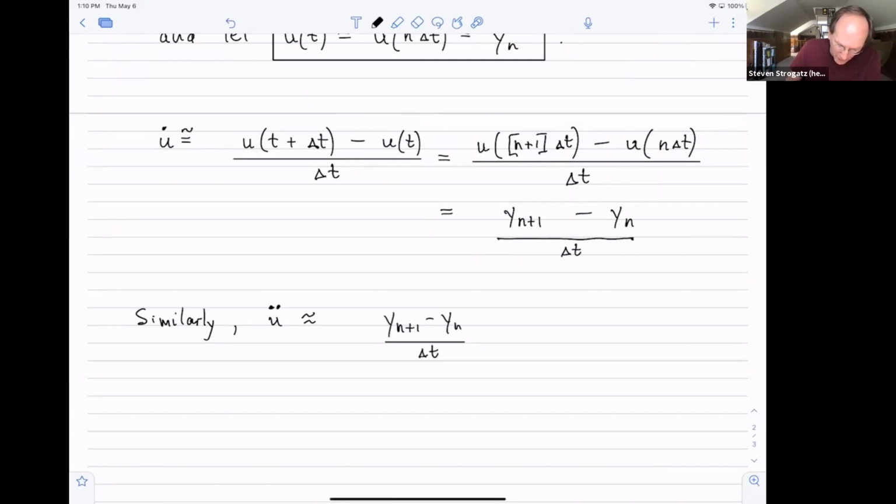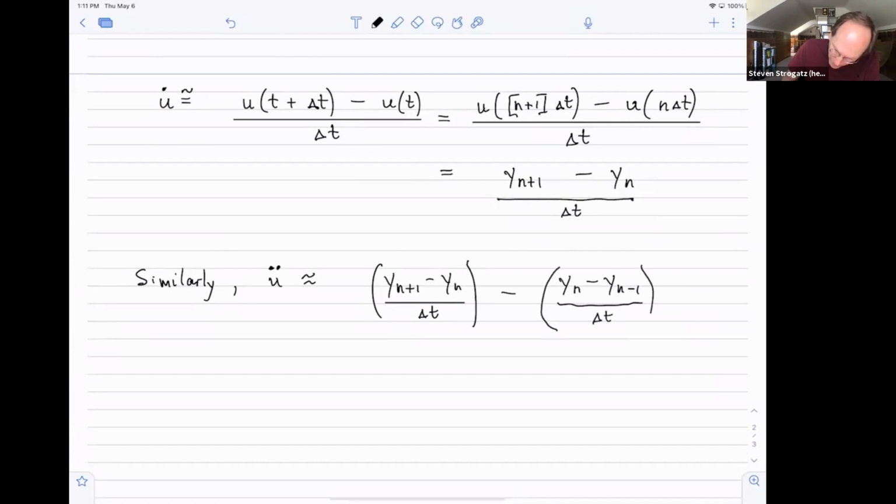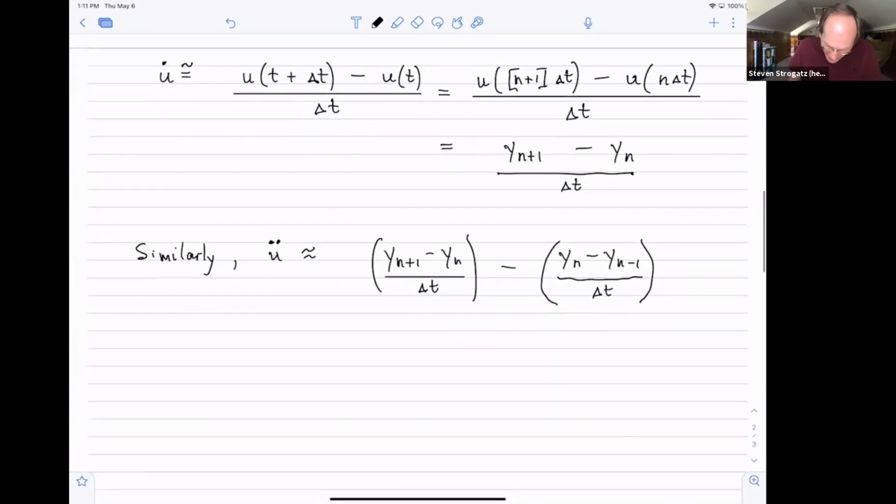That's a y dot, approximately at one time step, minus itself, well, minus the one at the previous time step, so yn minus 1, all over delta t. So that's a difference in the y dots. And then that difference, to make a difference quotient, has to be divided by delta t. So that gets me a discrete second derivative.